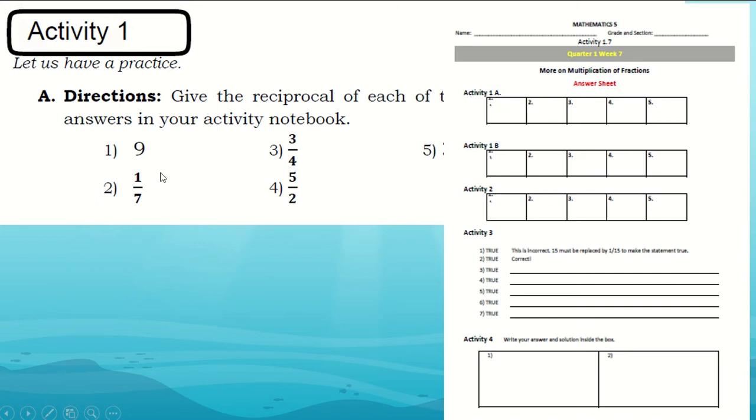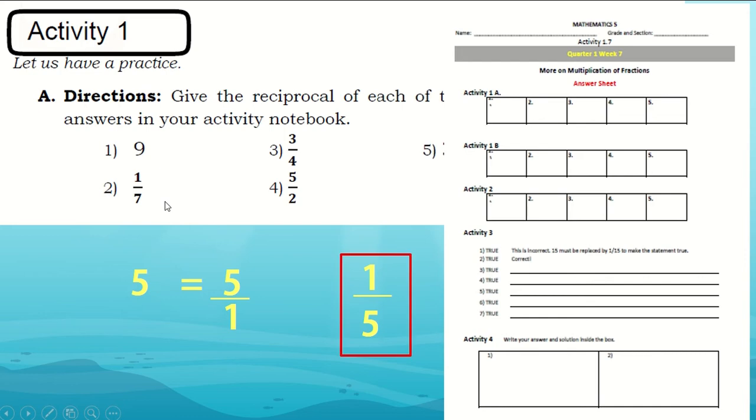So, for example, number 1, we have 5. So, the given is 5. What is the reciprocal of 5? Hindi ba? You're going to change it as a fraction by writing 1 underneath. Then, you will get the reciprocal. So, this is your answer. You will write 1/5 here.